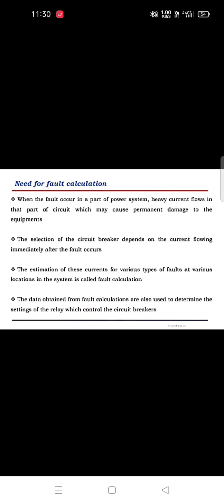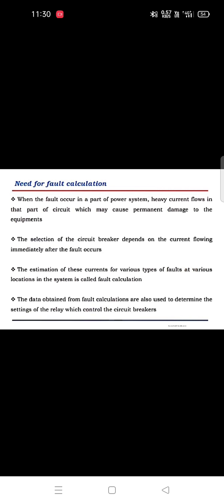Why do we need the fault calculation? We already saw that we need to select the circuit breaker and protective relay rating. For the proper choice of circuit breaker, we must estimate the magnitude of current. When the fault occurs in a part of the power system, heavy current flows, which may cause permanent damage to the electrical equipment.